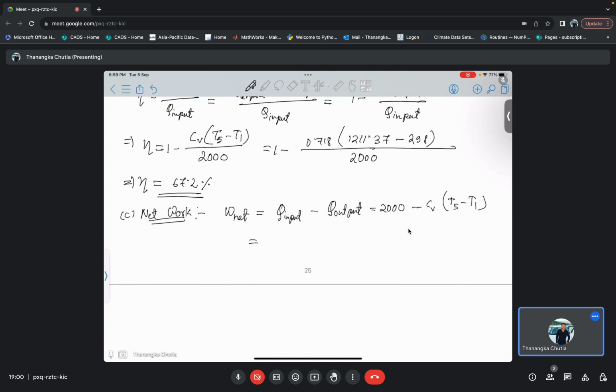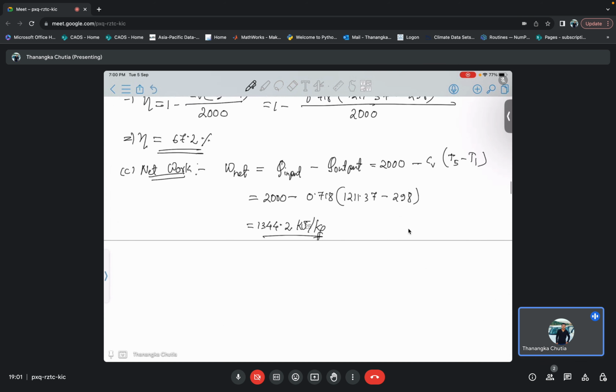So 2000 minus 0.718 into 1211.37 minus 298, and this gives you 1344.2 kilojoule per kg. Okay, so that is your W net, the net work done.